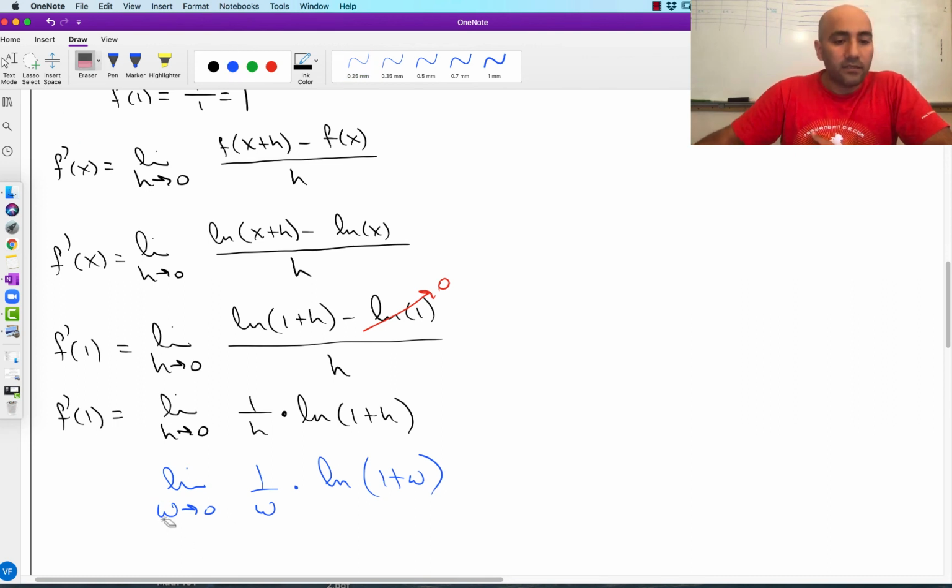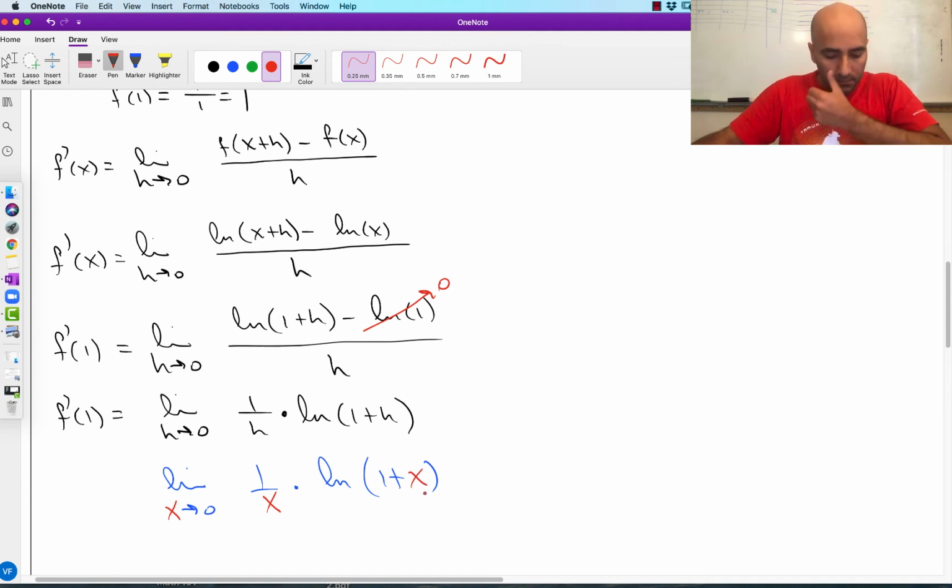So likewise, instead of an h, I can go to algebra's favorite letter: the limit as x goes to 0 of 1 over x times ln of 1 plus x. Like this. Good. So f prime of 1 equals this.